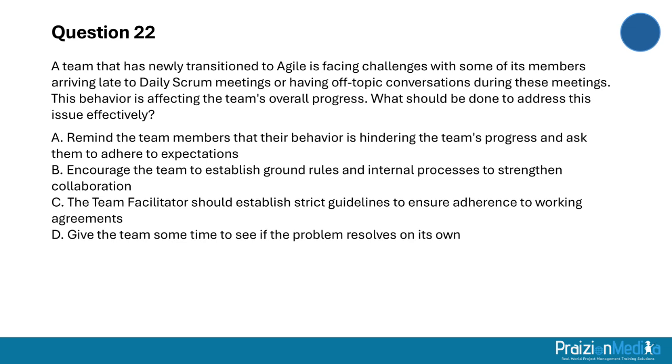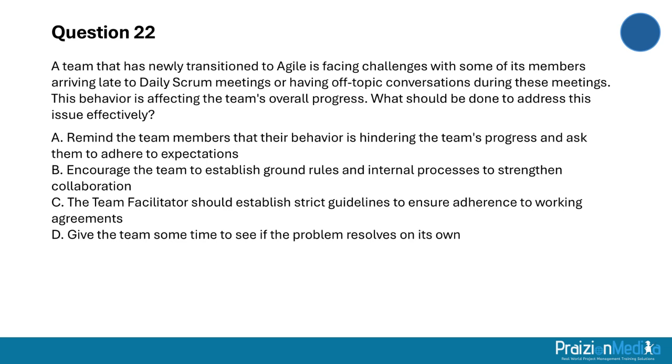A. Remind the team members that their behavior is hindering the team's progress and ask them to adhere to expectations. B. Encourage the team to establish ground rules and internal processes to strengthen collaboration. C. The team facilitator should establish strict guidelines to ensure adherence to working agreements. D. Give the team some time to see if the problem resolves on its own.